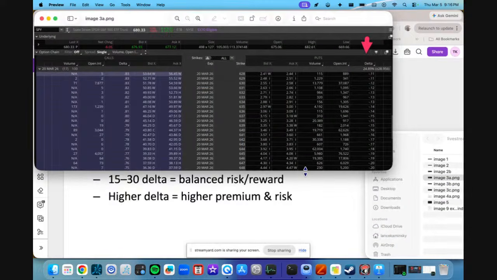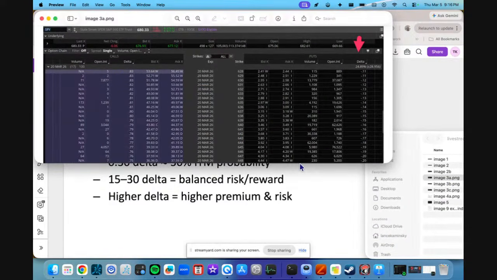So if you look at this image here, this shows SPY. I took it yesterday, so that's why the days are a little off here. 17 days out, and this is in Thinkorswim. You can see the delta column. It was at 680 when I took the screenshot.